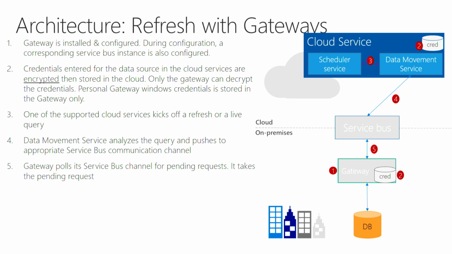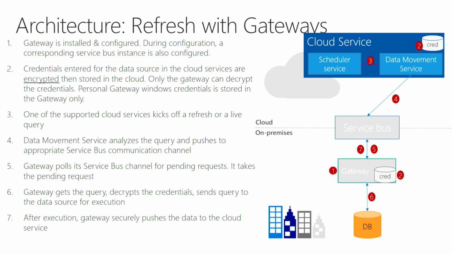And then the gateway will be polling for a request from the service bus. Once it has a connection, it will take that pending request. It will decrypt the credential once it's inside your firewall or within your corp network, and send the query out for execution. After execution, the gateway encrypts everything again and pushes it out to your cloud service.